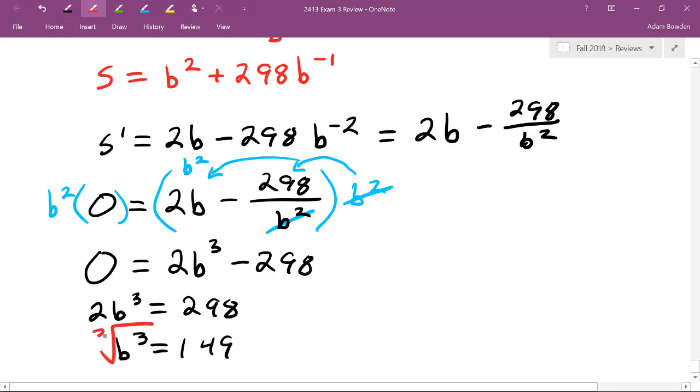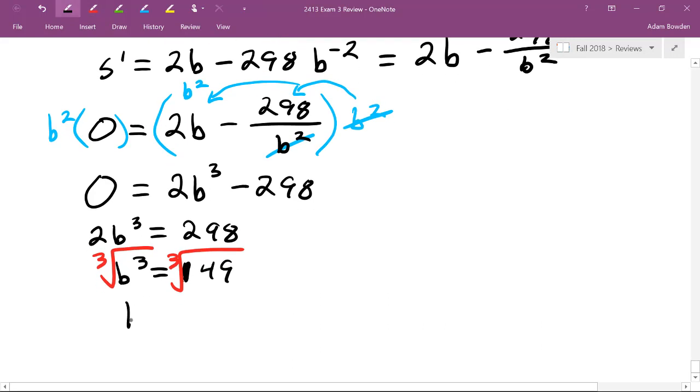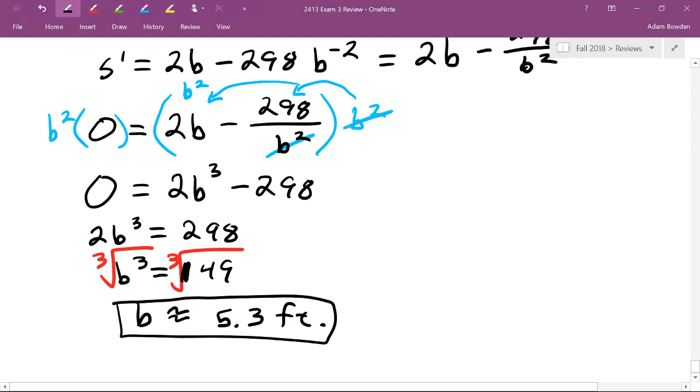We then take the cube root to solve for B, and B will be approximately 5.3 feet.